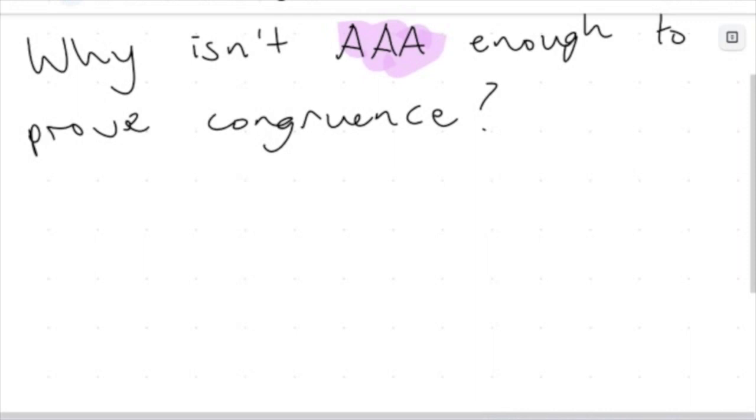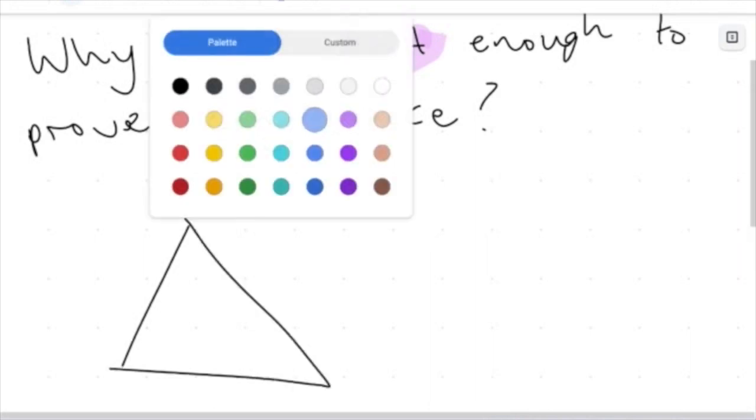But this idea of angle, angle, angle for congruent triangles, for example, we said that the main idea to say something is congruent is that it is identical in every way. Now, can we have, let's say, a triangle with all equal angles?